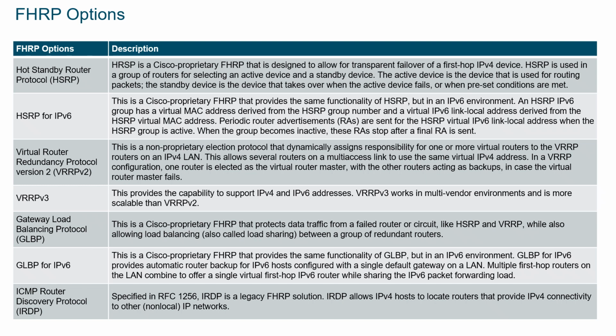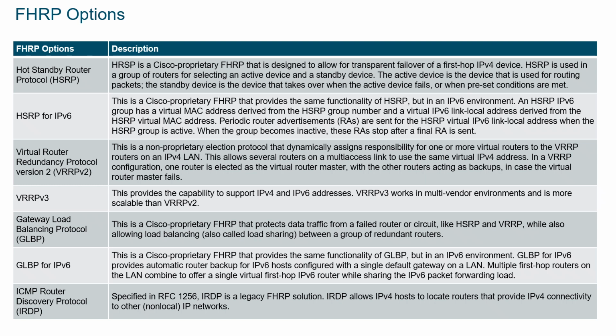Then you have Virtual Router Redundancy Protocol. This is a non-proprietary election protocol that dynamically assigns responsibility for one or more virtual routers to the VRRP routers in a LAN. So this allows routers on a multi-access link to use the same virtual IP address.